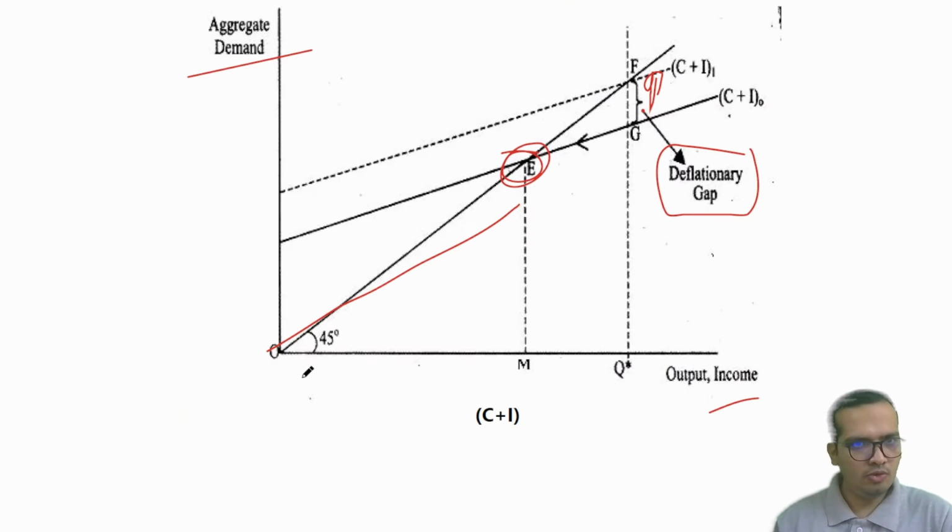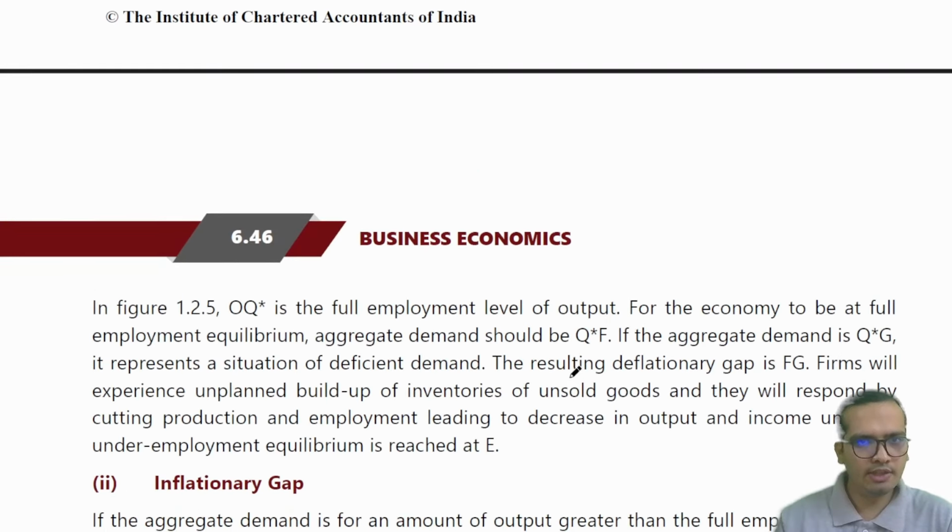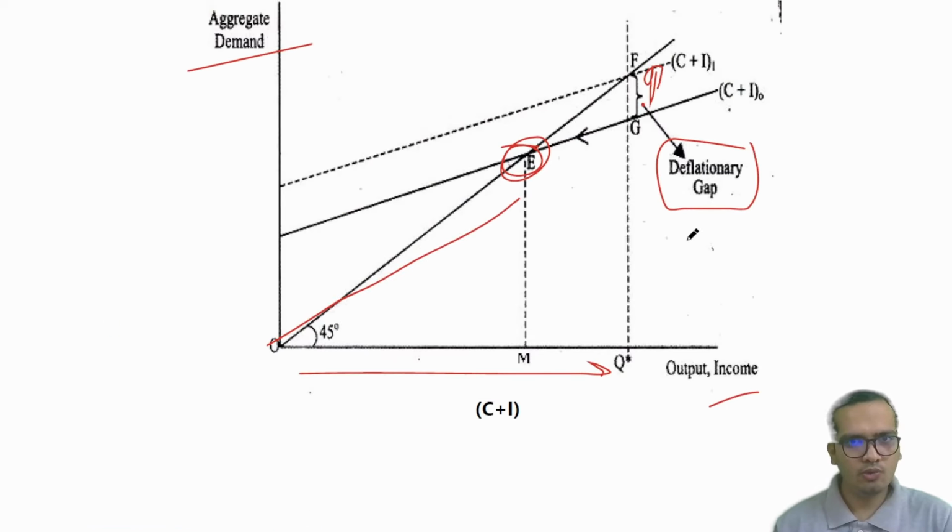So this OQ is the full employment level. In the figure, OQ is the full employment level of output. For the economy to be at full employment equilibrium, aggregate demand should be at Q multiplied by F, this one.